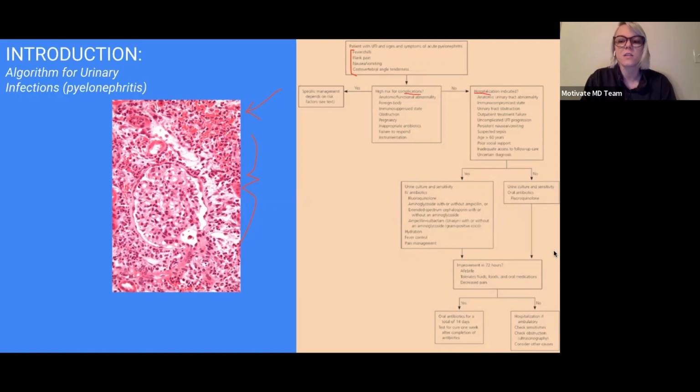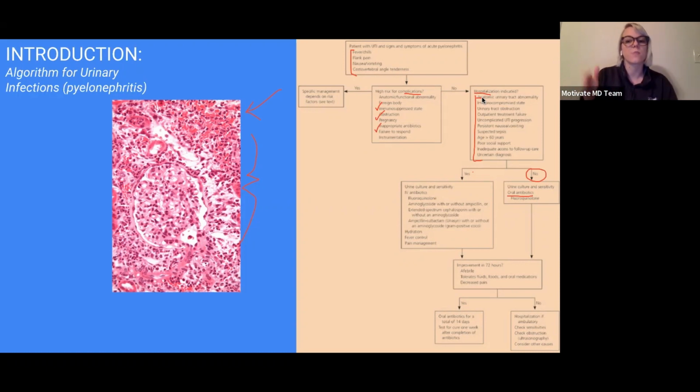Are there complications? If the patient doesn't need to be hospitalized, we can give them oral antibiotics, send them home and follow up. But if there are complications, like they're immunosuppressed, they're pregnant, or they didn't respond to antibiotics in the past, then maybe we do want to admit these patients. Here are some indications for hospitalization: age, if they're septic, if it's persistent, or if they're not able to take oral pills.